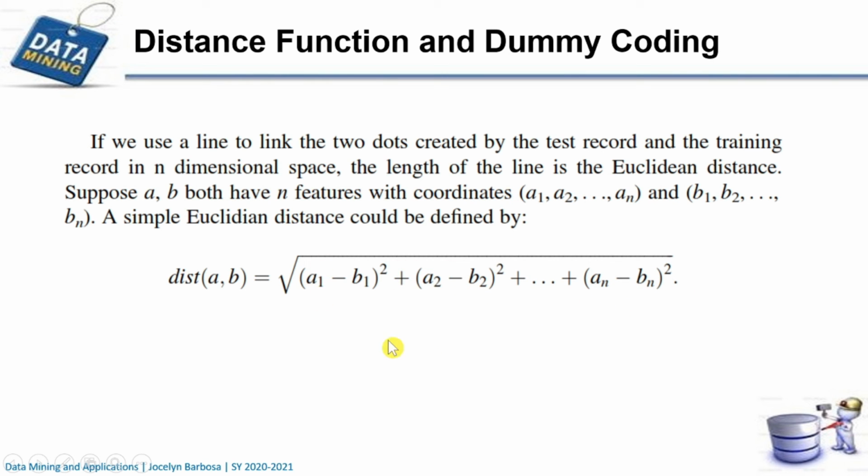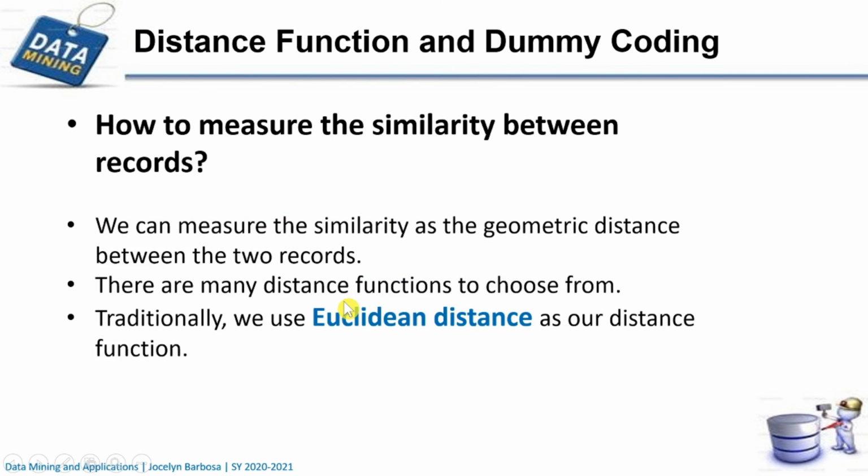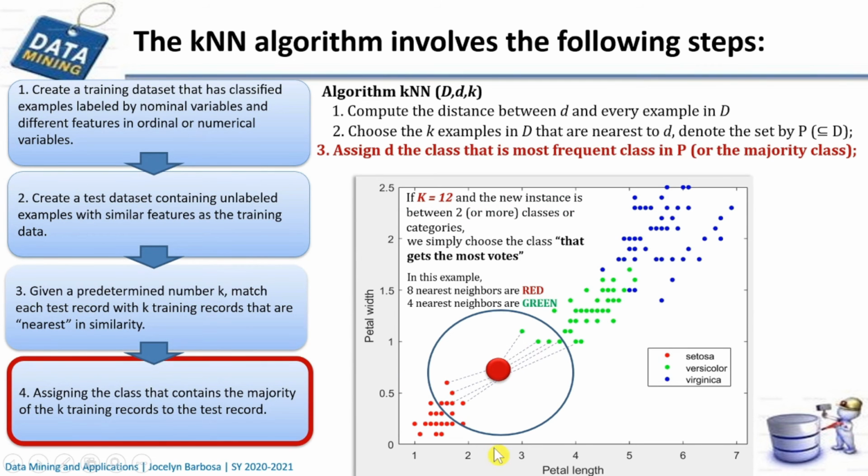Think of this, for easy understanding, as two data points. For example, if we go back here, this point and this point, we get the distance from here to this point. So somehow this is 2.1 and this is 2.3.